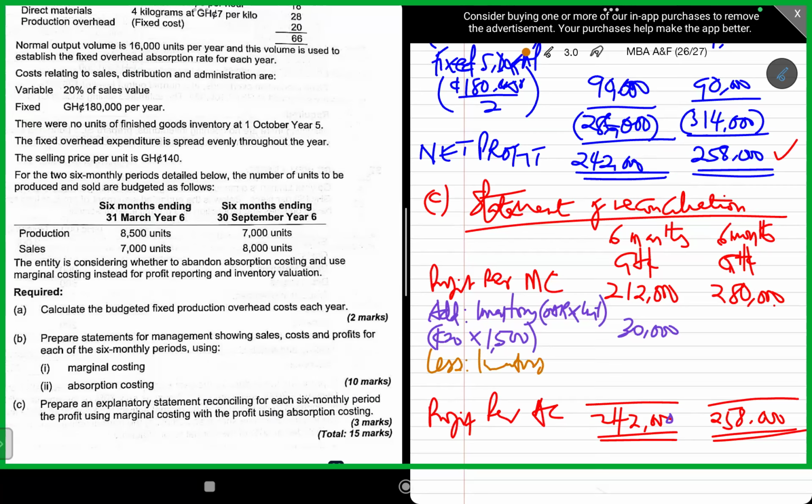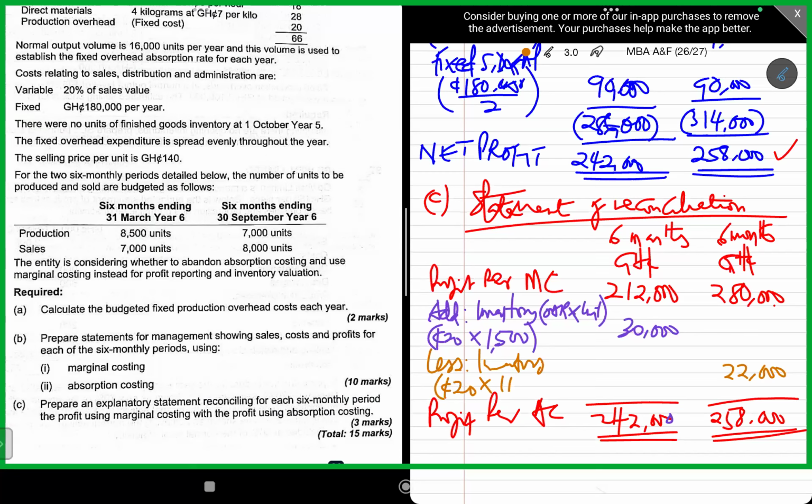The OAR is 20, multiplied by the difference. So what is the difference? 22,000. Okay, so 22,000 divided by 20, what do we have? 1,100.